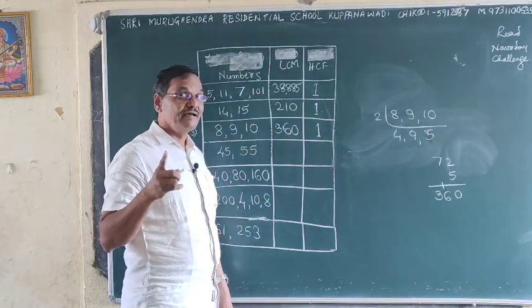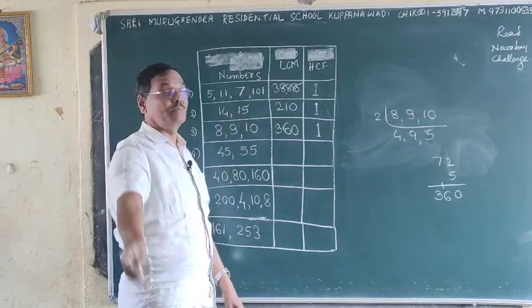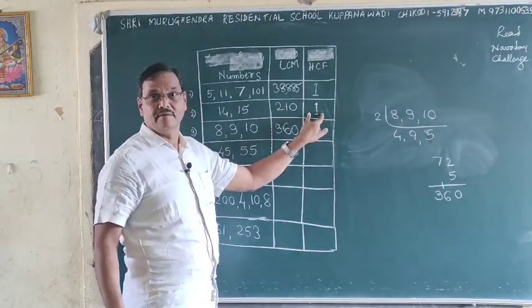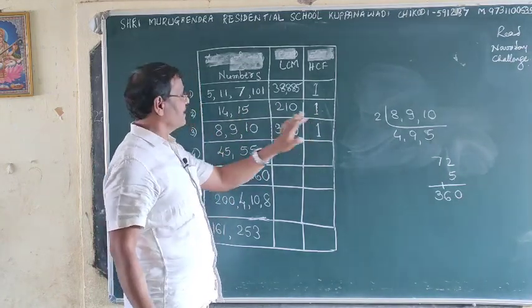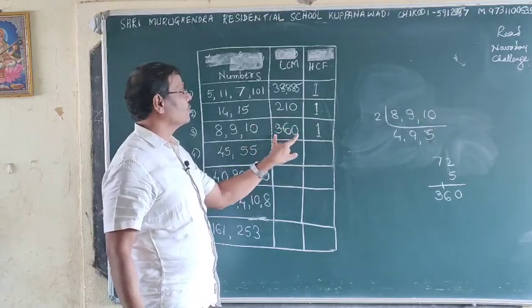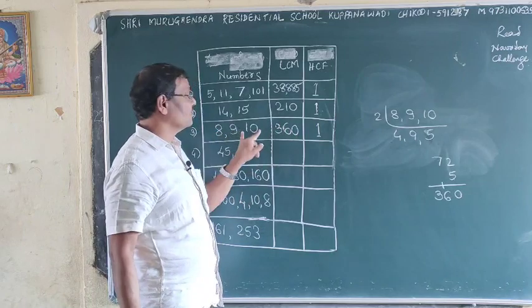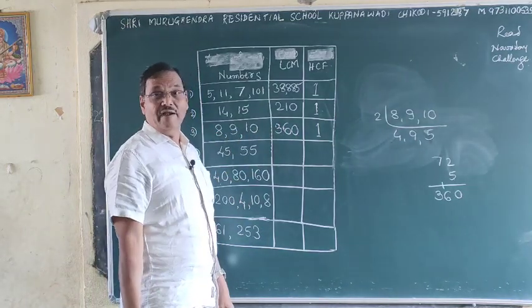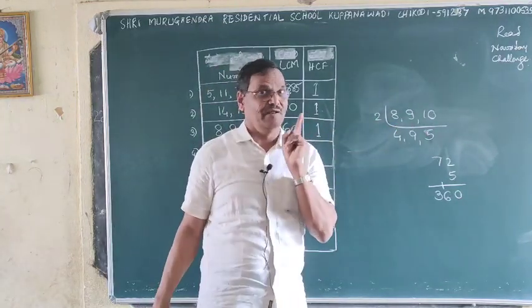Okay, understood? If two numbers are there and the HCF is 1, then you can multiply them. Whereas here, three numbers are given and the HCF is 1, but we have to think about this. Because 8 9s are 72, and with 10 it is 720, whereas half of it is written, because 8 and 10 are in the same table.